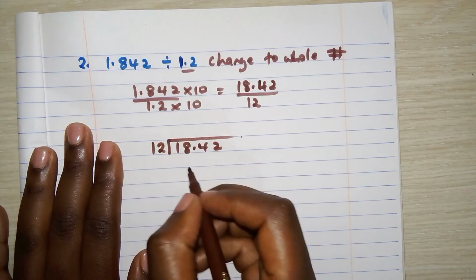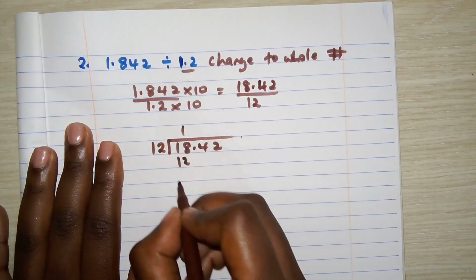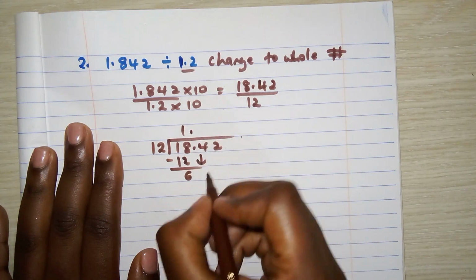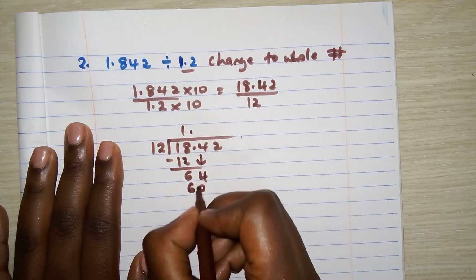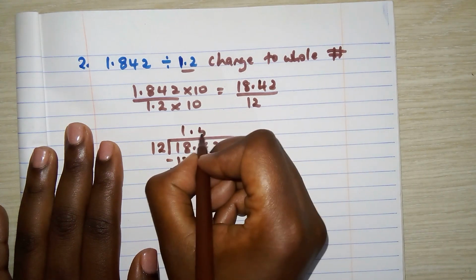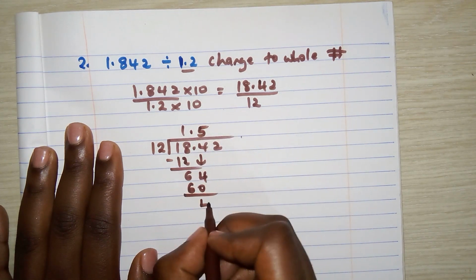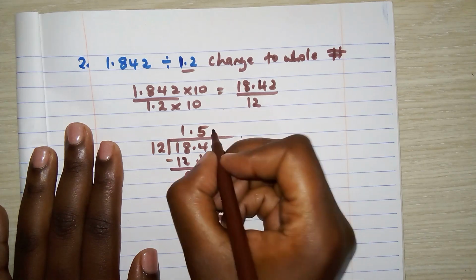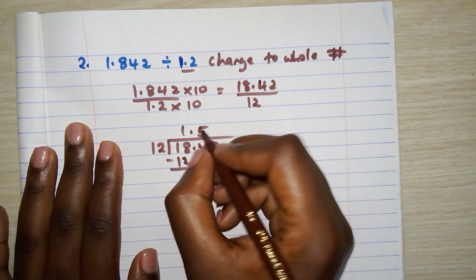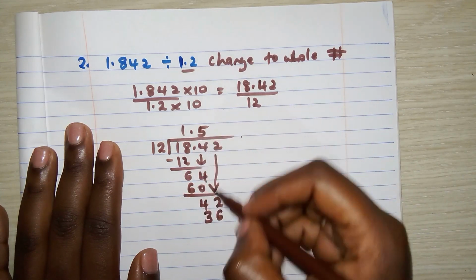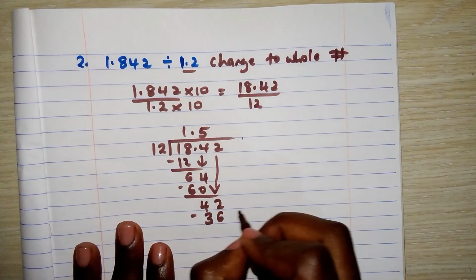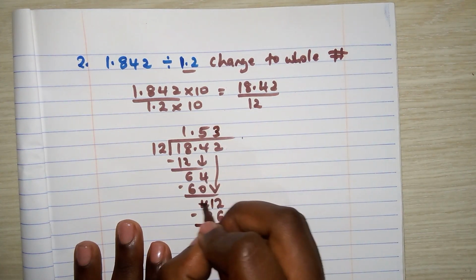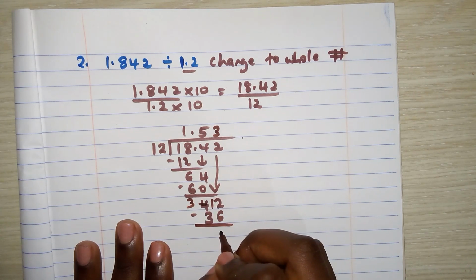18.42 divided by 12, so 12 once, remainder 6, put the decimal point, drop the 4, 60 because of 5, and then 42, drop the 2, it goes into 36, 3 times, remainder 12 minus 6 is 6.